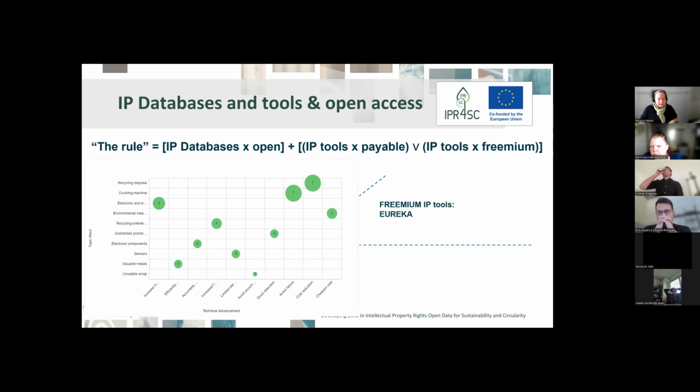Here's a small example. When we were doing this project, IPR4SC now, we tested all of these tools that we're talking about now. And we've tested them using a small example. We said, oh, it's a sorting machine, and it has these different types of sensors. And so it goes through e-waste and is trying to understand what can be reused, what could be repurposed, and so on, right?